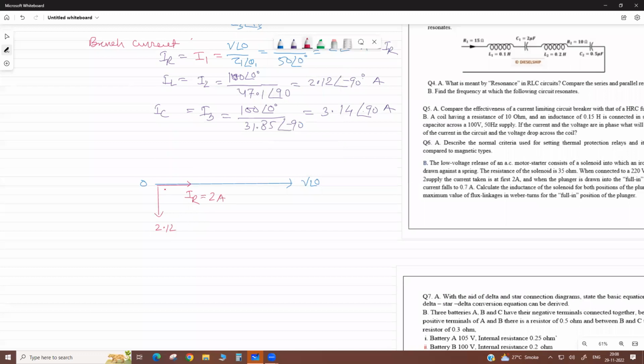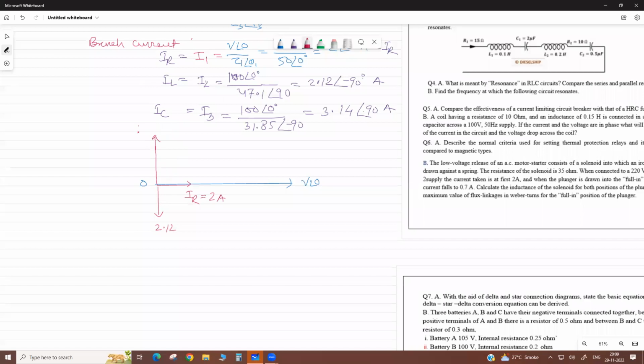Now the current in the capacitor is leading here, and it is a higher value.